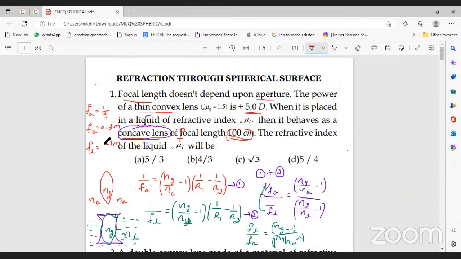Instead of writing 1 meter, shall I write minus 1 meter? Yes, sir, because it's a concave lens; in the liquid it behaves like a concave lens. So the focal length will be minus 1. What is the refractive index of glass, Ng?